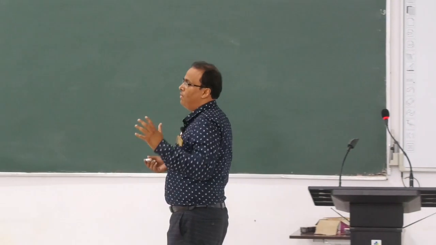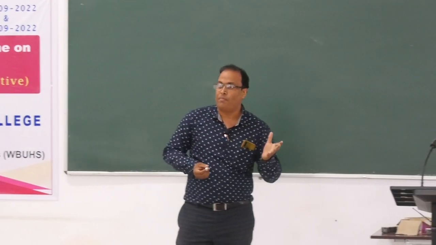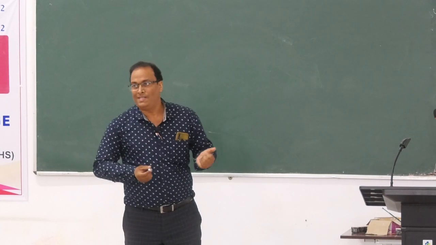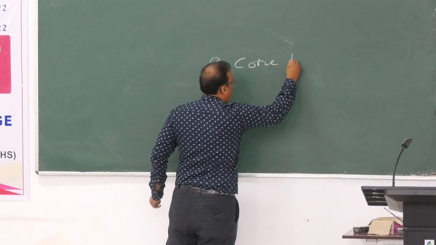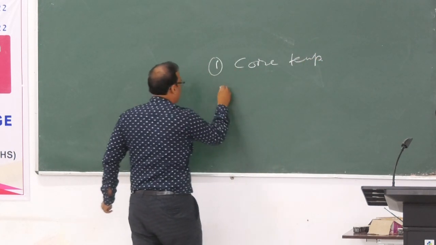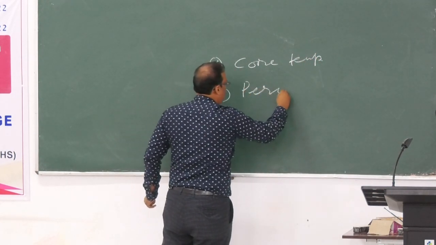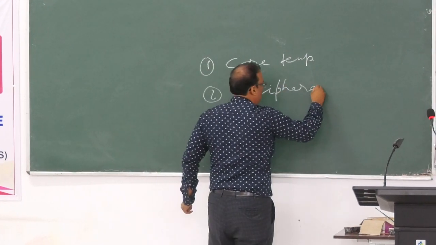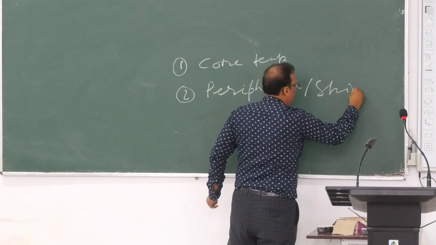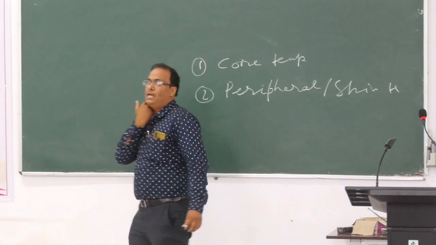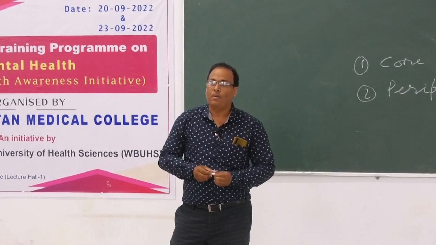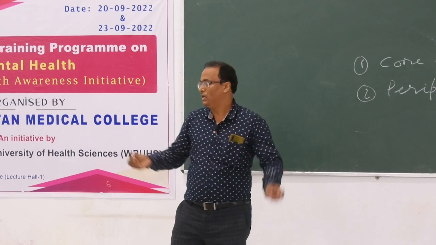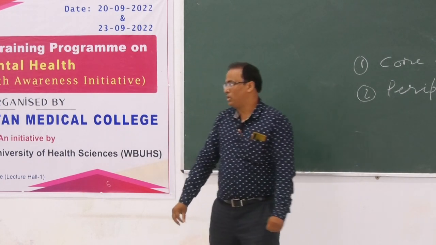That means there are two parts to our temperature: one is the core temperature, and another is our peripheral or skin temperature. This is called core temperature and peripheral temperature.